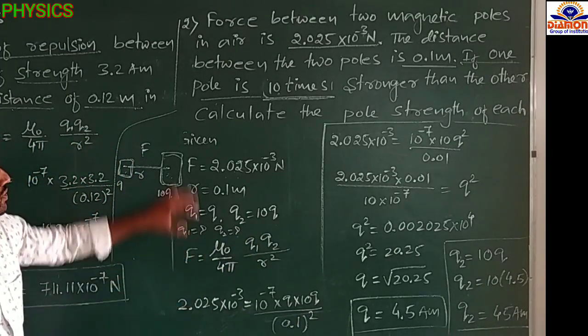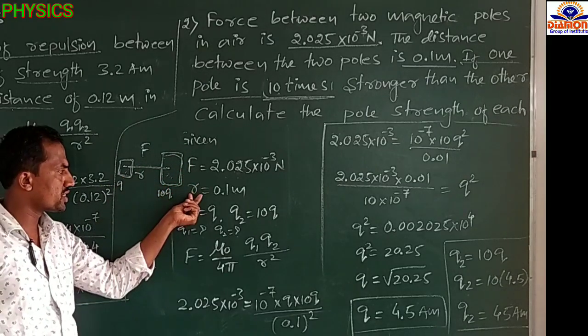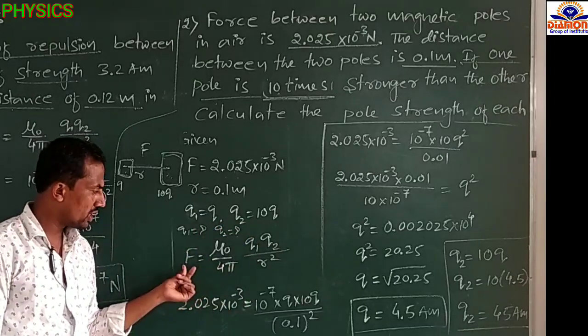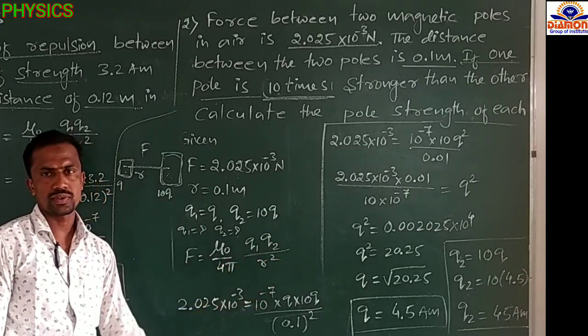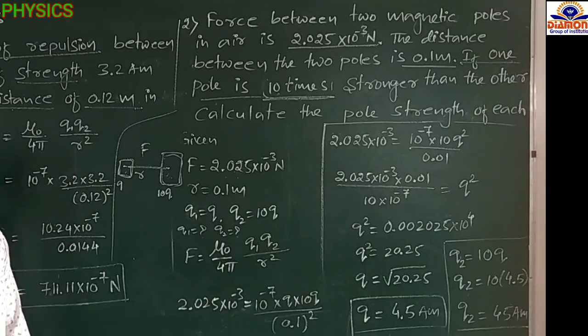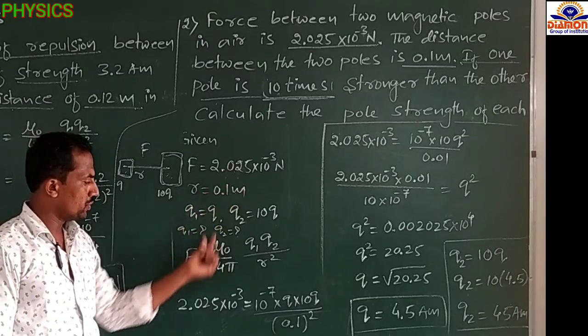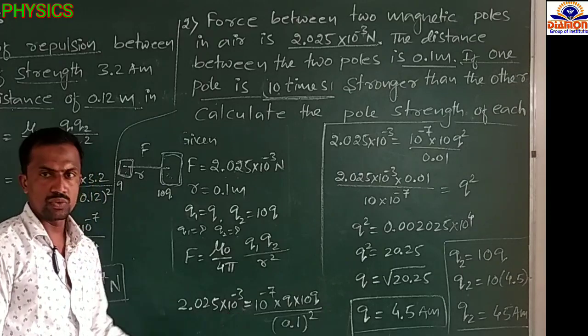We use the suitable formula to calculate this value. Force value is given, distance is given, pole strength we are calculating. What is the formula? F equals mu naught by 4 pi, Q1 Q2 by r square. F means force, which is 2.025 × 10 to the power of minus 3 Newton.